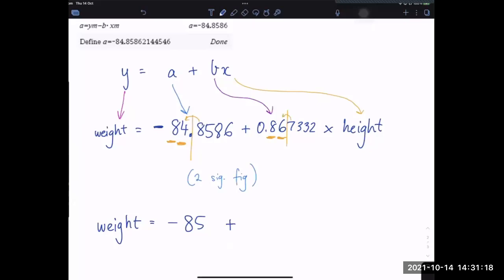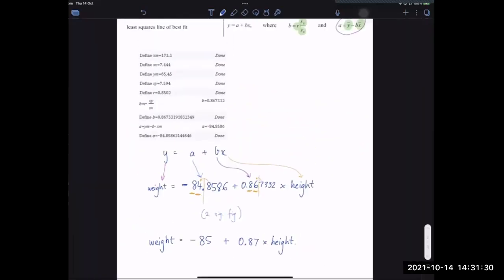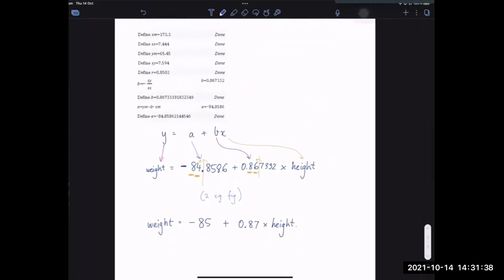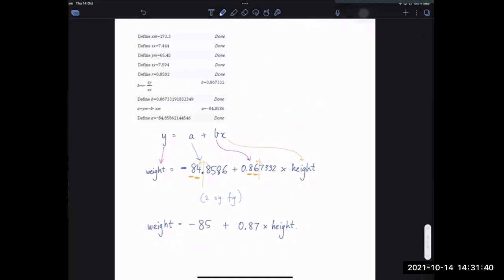So the 6 goes up, so 0.8. Instead of writing 6, it has to round up to a 7. There you go. That's correct, Foss. You have to round it up. So can I just get a show of hands if this makes sense?